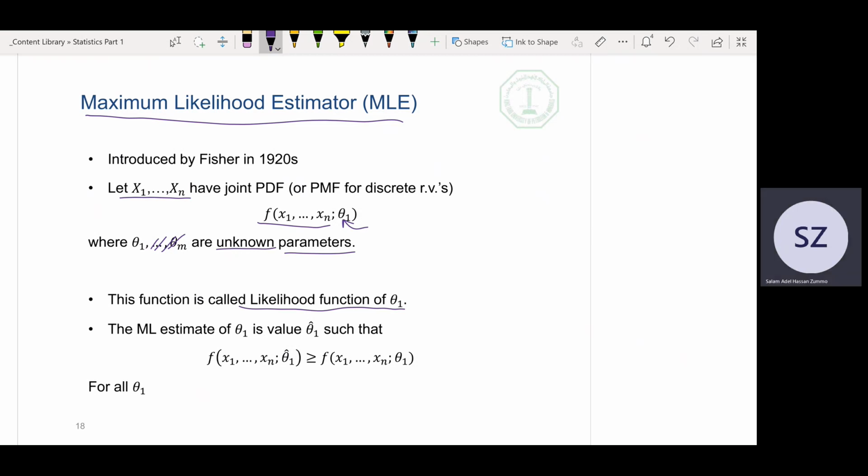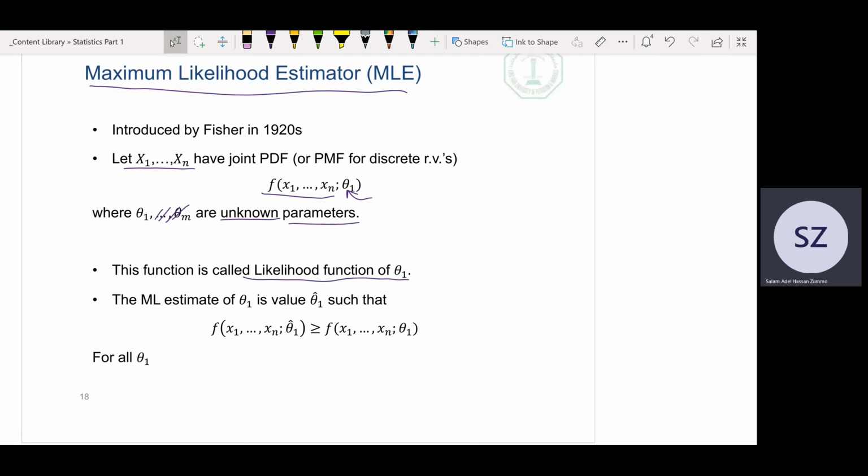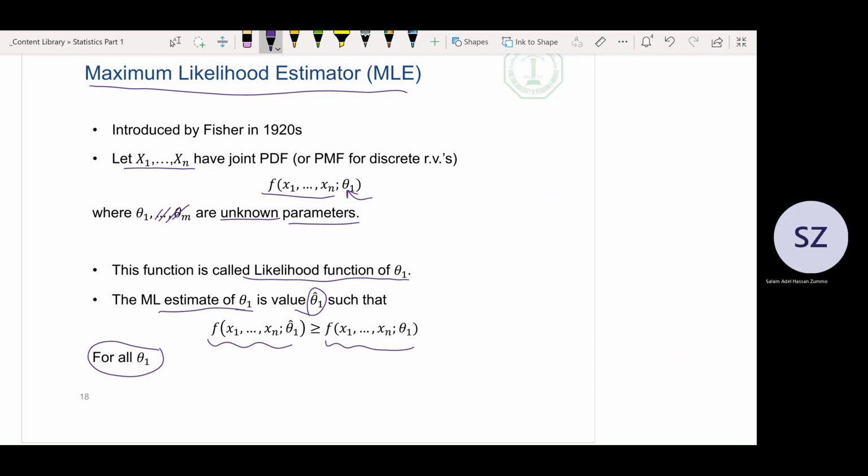The way the MLE, or maximum likelihood estimator, works is the following. It estimates theta 1 as theta 1 hat if the likelihood function at theta 1 hat is larger than at theta 1 or any other theta. Basically, it's a maximization problem.